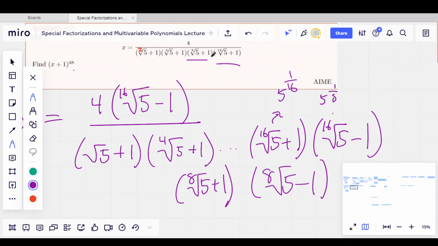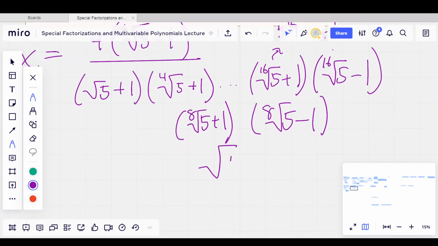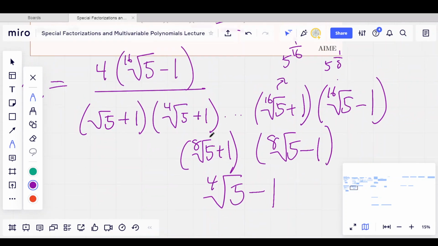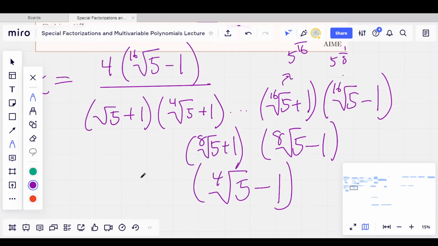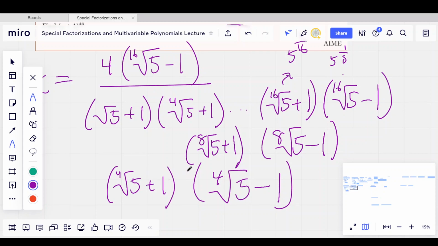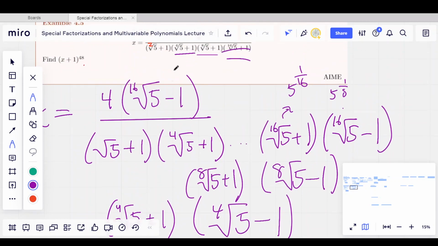So we've tackled this one, and this will just be the 4th root of 5 minus 1. And then we have this one, and this will just be the square root of 5 minus 1.